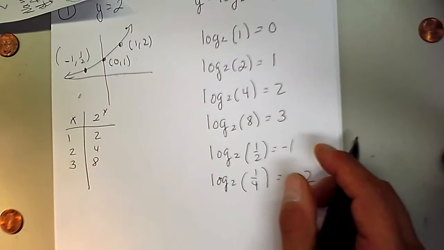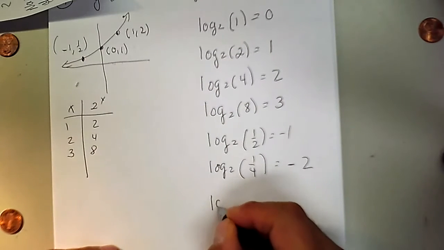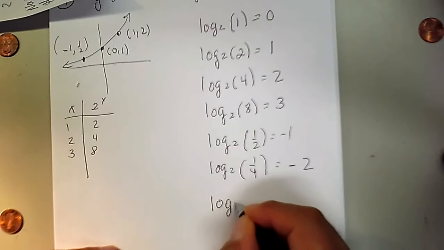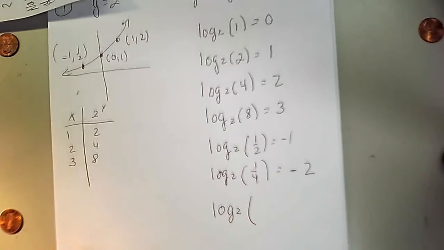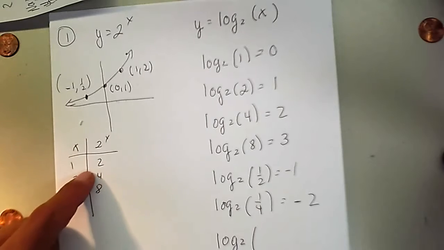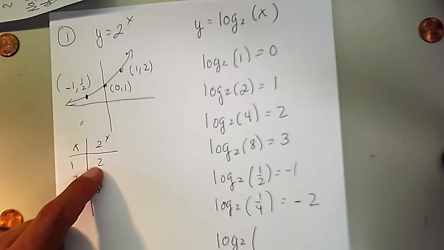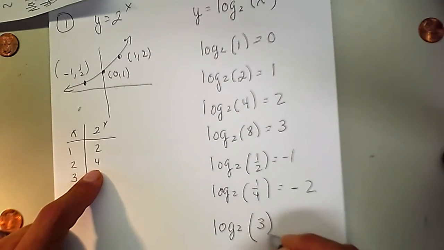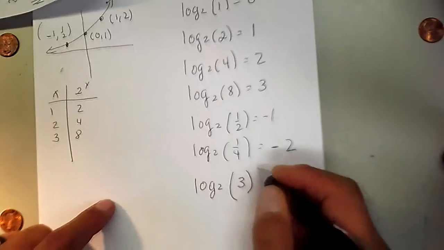Then we have a question. What is the logarithm in base 2 of 3? Okay, so we know that the logarithm of 2 gives us 1. Logarithm of 4 gives us 2. What about the logarithm of 3 in between?